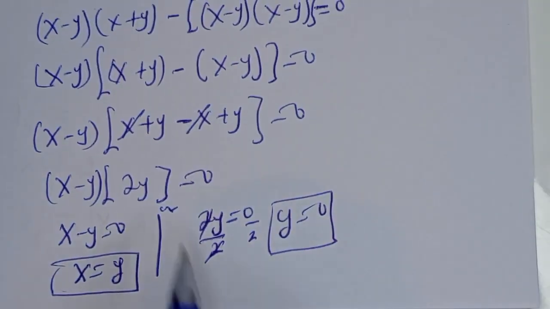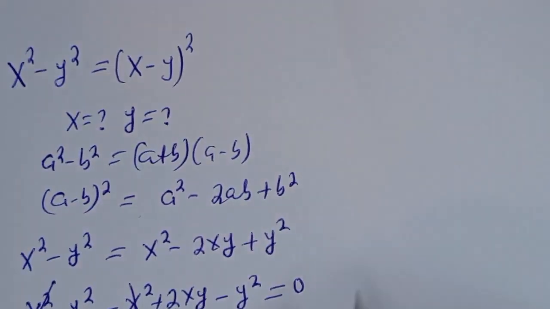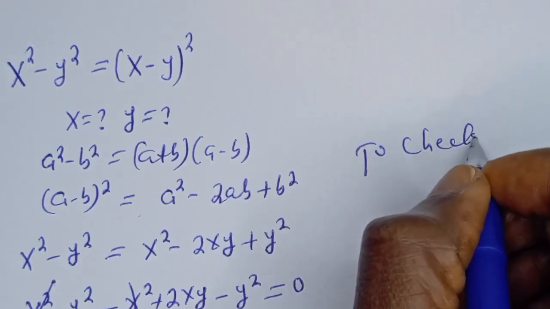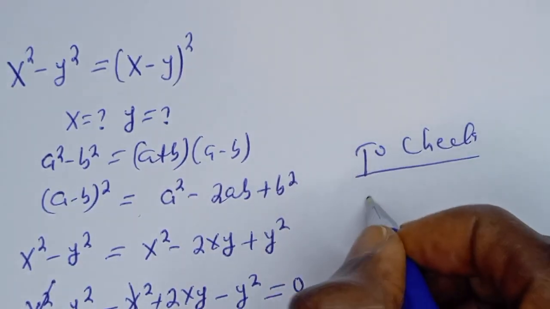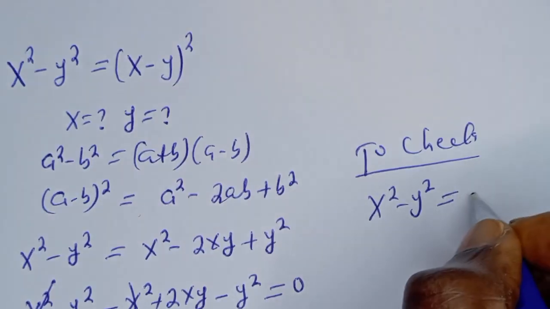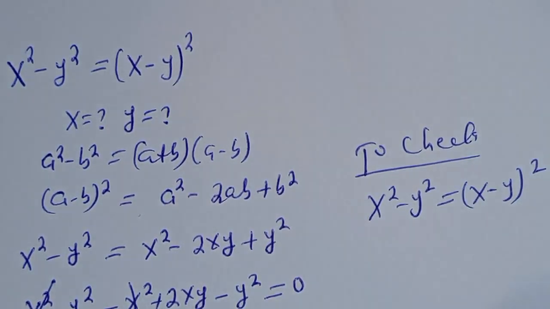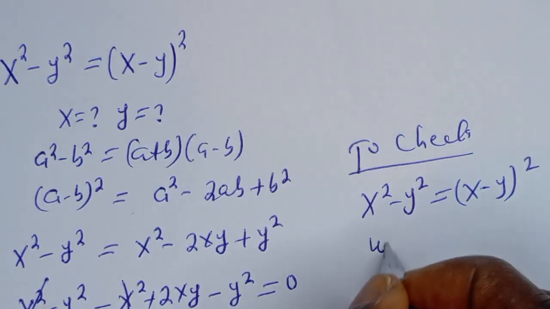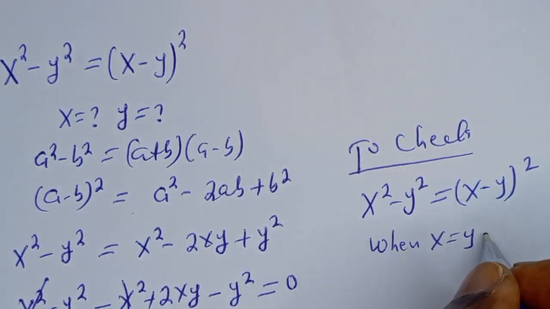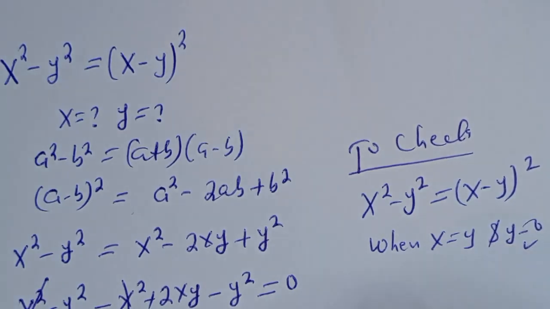We can check to confirm if our answer is right or wrong. Let's check. To check, we have the given equation: x squared minus y squared is equal to (x minus y) all squared. Then when x is equal to y and y is equal to 0, let's first consider this.